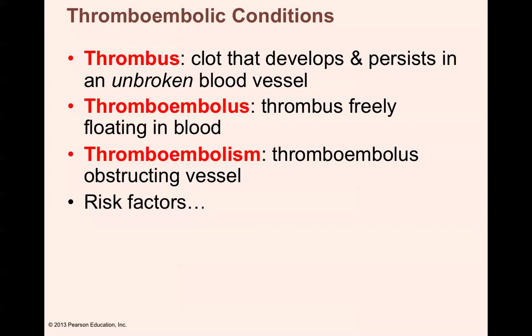And so if little blood clots form in the atria, because the atria are not contracting fully, a clot can form, and then it can be sent out to the ventricles and then out into the body and cause blockage of a blood vessel. Arterial sclerosis is another risk factor. Someone who's got chronic high blood pressure or diabetes mellitus, these can lead to blood vessel disorders that can increase the risk for thromboembolism.